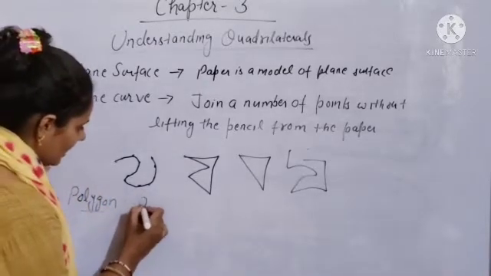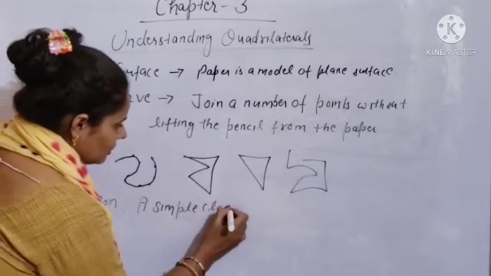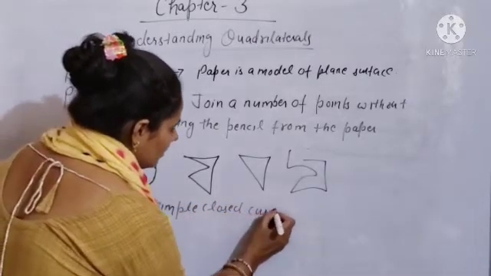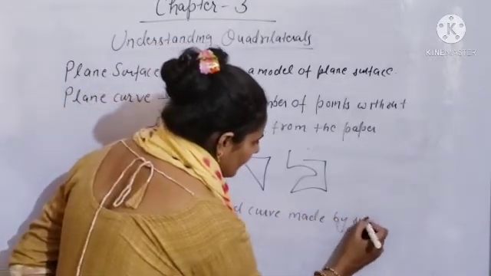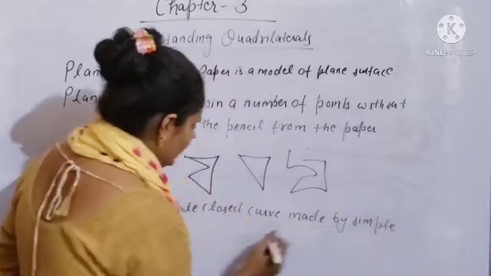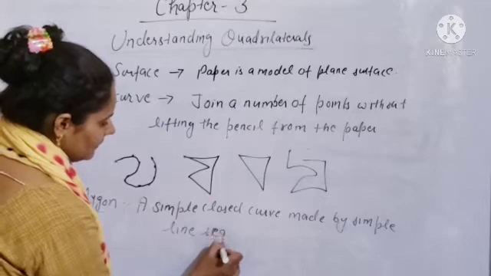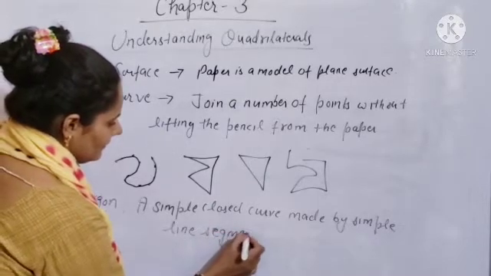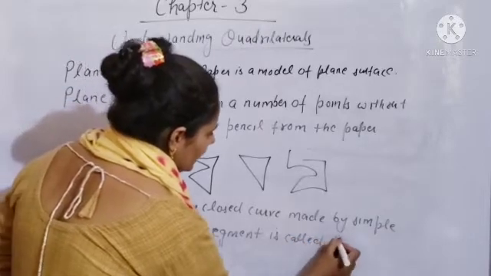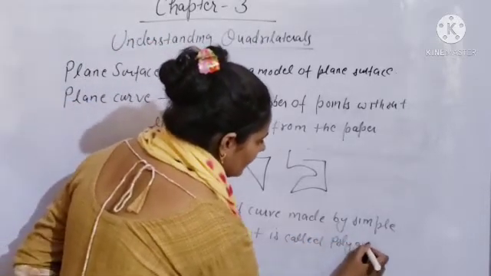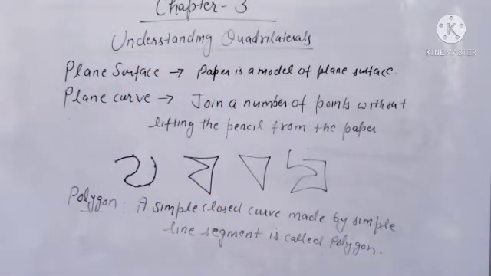You will write: a simple closed curve made by simple line segments is called a polygon.